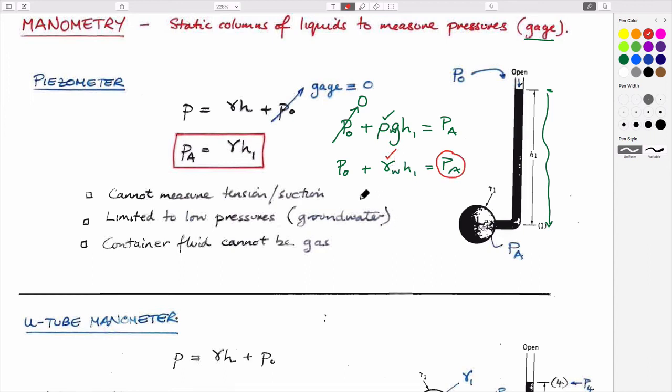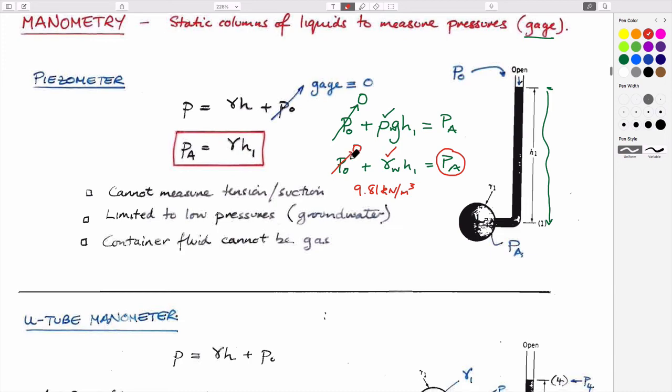What's the unit weight of water? It's 9.81 kilonewtons per meter cubed. 10 roughly, right? So 1,000 kilograms times 9.81 meters per second squared multiplied by the height, and this term still is 0. Okay? So those are the simplest cases.